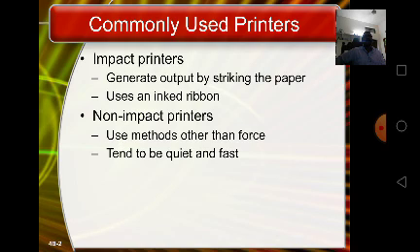Each hammer is embossed with the shape of a letter, number or symbol. That shape is transferred through the inked ribbon onto the paper, creating a printed character. That is an impact printer.